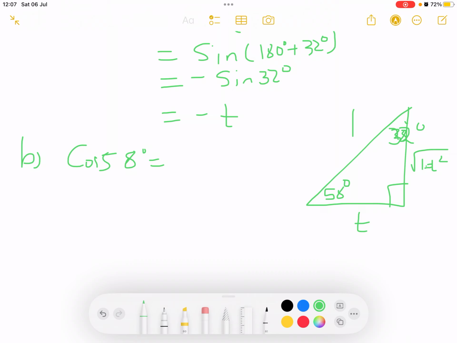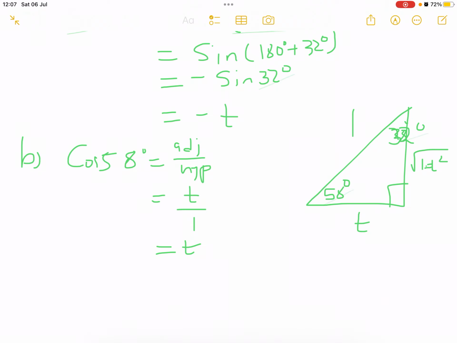1 minus t squared. So this means that cos 58 is the adjacent over the hypotenuse. Now the adjacent side is t over 1, which is equal to t. Whether you leave the answer as t over 1 or just t, the answer is also true. Why?